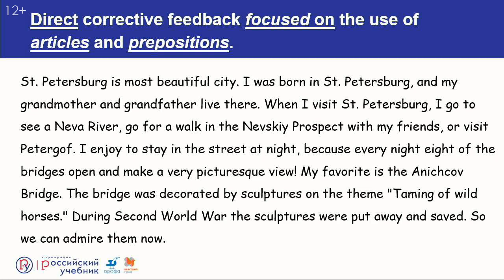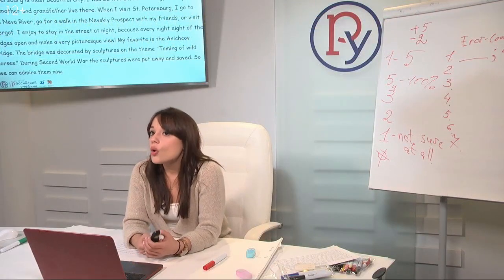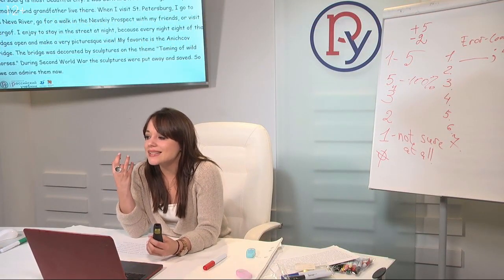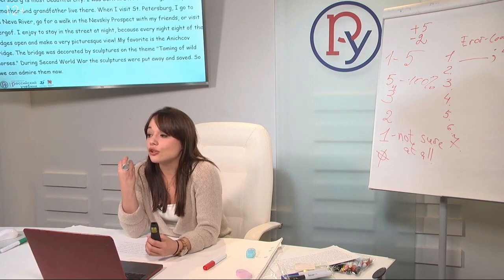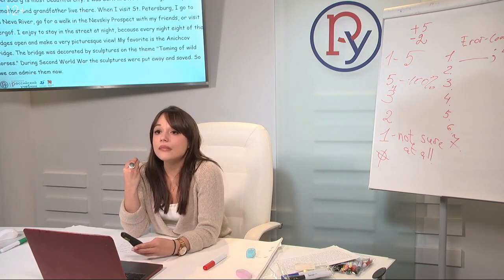Now, because this is focused feedback, are we correcting any other mistakes? No. This task, this is an exercise for language learners, and I would like you to... oh, not for language learners, this is an exercise for teachers.